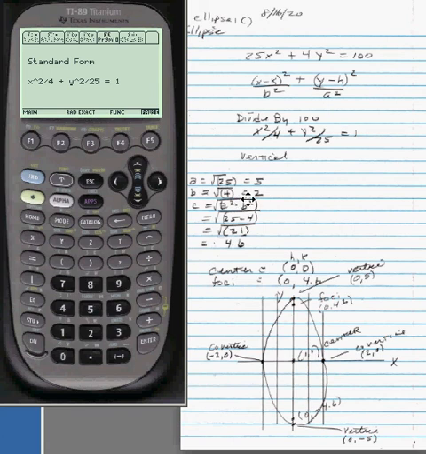Now, incidentally, I will go through this in a little bit, but if the larger denominator number is under the y, then the orientation of the ellipse is vertical. If this number 25 was under the x term, it would be horizontal.